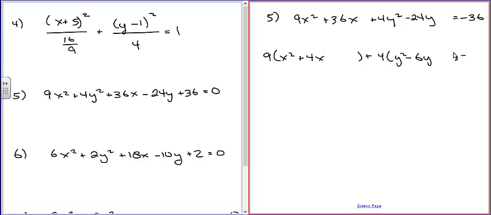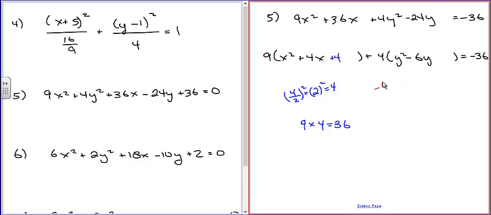Leave some space. So 36 divided by 9 is 4. Negative 24 divided by 4 is negative 6. So we're going to take 4 divided by 2 squared, which is 2 squared, which is 4. So we add 4, but we're really adding 36, 9 times 4.